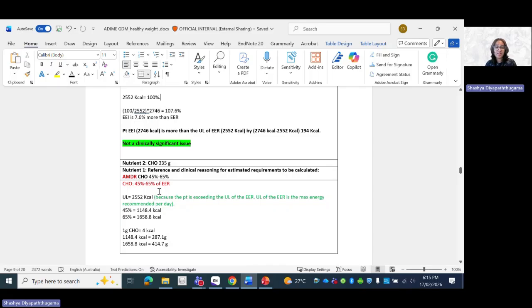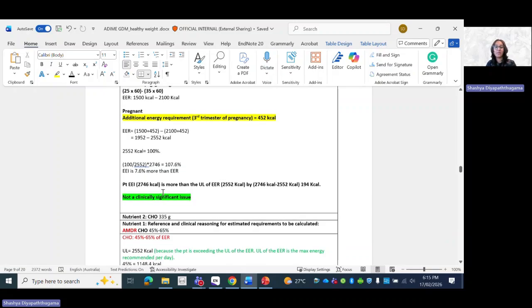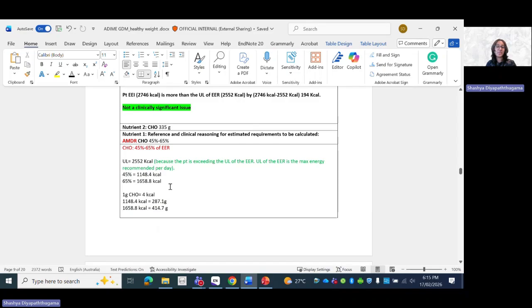So when we calculate the energy, we are not using her actual intake, because her actual intake is higher than the upper limit. So if you see here, her actual intake was 2,746, while the upper level was 2,552. So for this calculation purpose, we are using the upper limit in this situation because her actual intake was exceeding the upper limit.